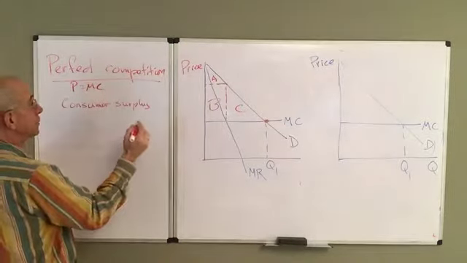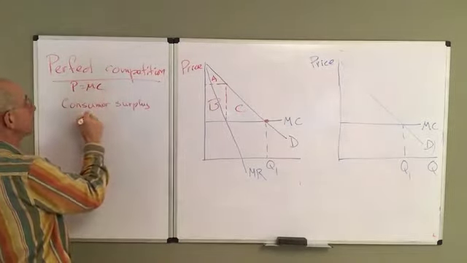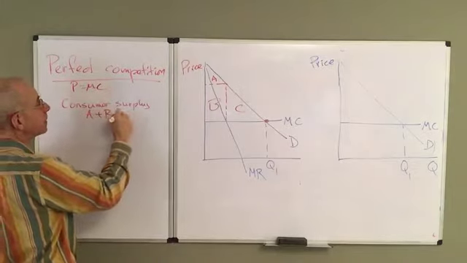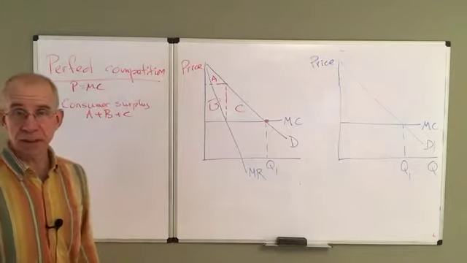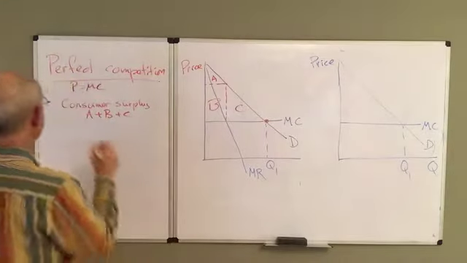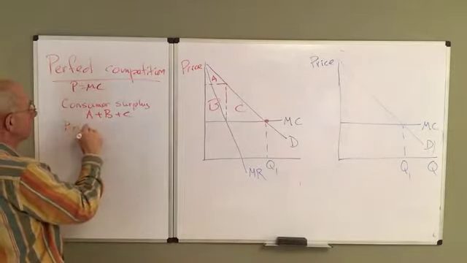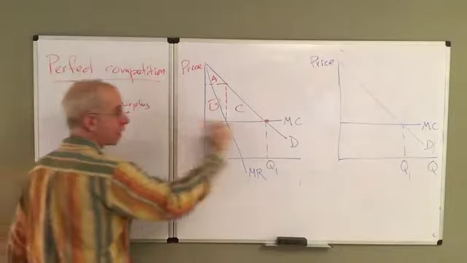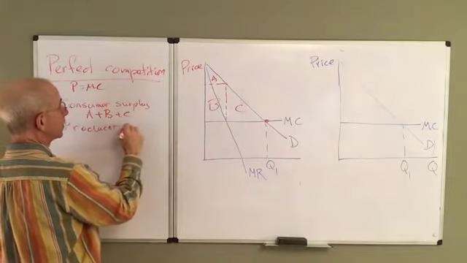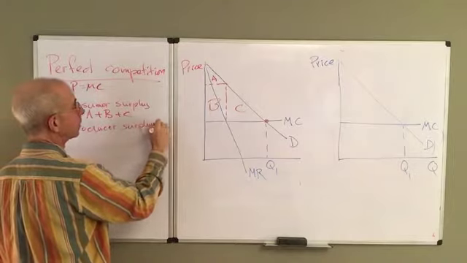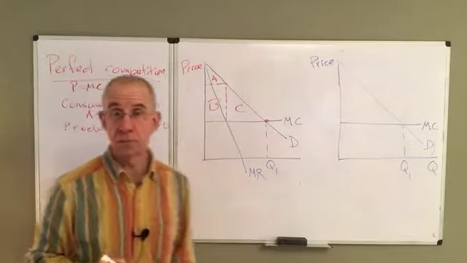Under perfect competition, you would have a consumer surplus A plus B plus C. There would be, in this case, with constant marginal cost, producer surplus of 0.